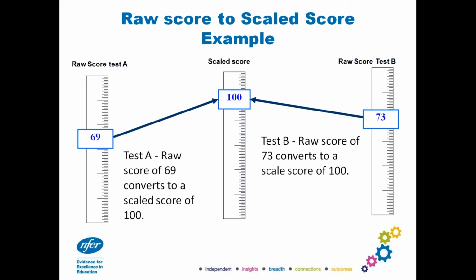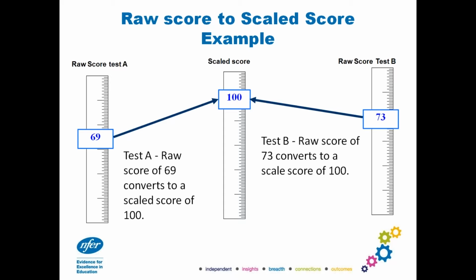So in this example, Test B is easier than Test A. As a result, a higher raw score is needed on Test B than Test A to achieve the scale score of 100. On Test B, a raw score of 73 gets you a scale score of 100. But on Test A, because it's a slightly more difficult test, a lower raw score will give you that scale score of 100.